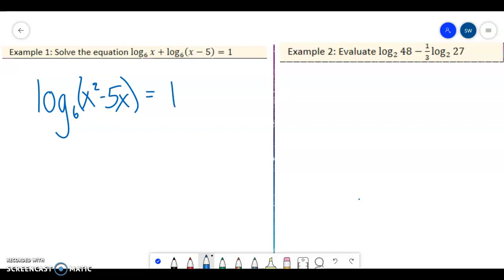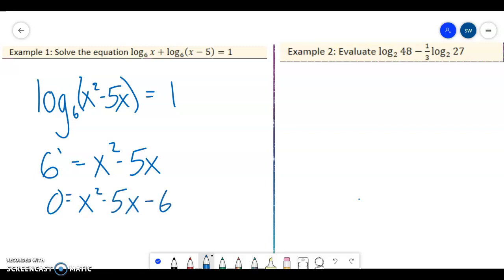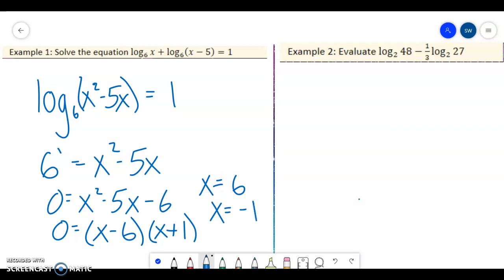Now we can convert this to exponential form. 6 to the first power is equal to x squared minus 5x. So 0 equals x squared minus 5x minus 6. So 0 equals x minus 6, x plus 1. If this was just an algebra problem, our answers would be x equals 6 and x equals negative 1.